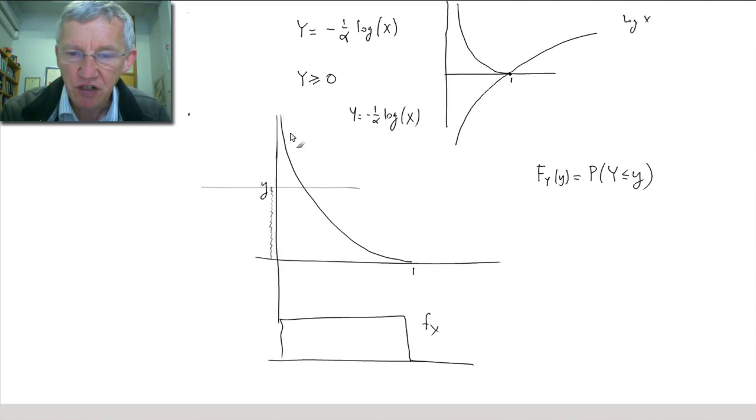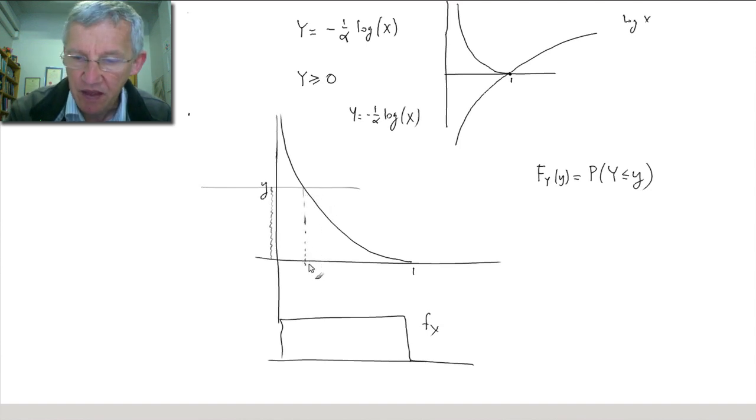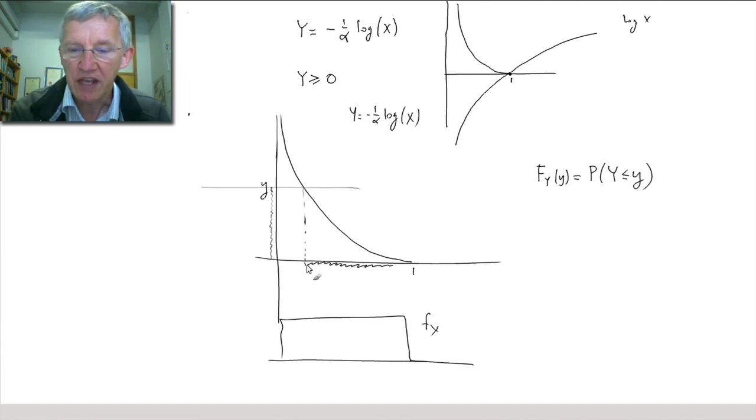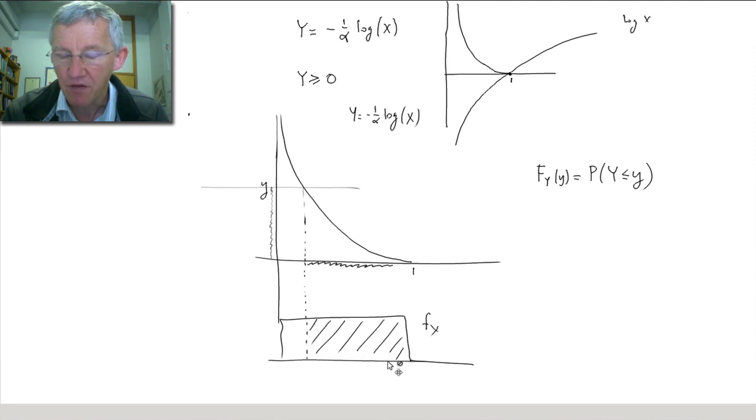Well, because this function is monotonic decreasing, we can see that the value for y will be at that level or lower if x is in this region here. If x takes this value or higher, then the value for y will be that value of y there or less. And if we want to calculate that probability, we just have to take that region and calculate the area under the PDF over that region.